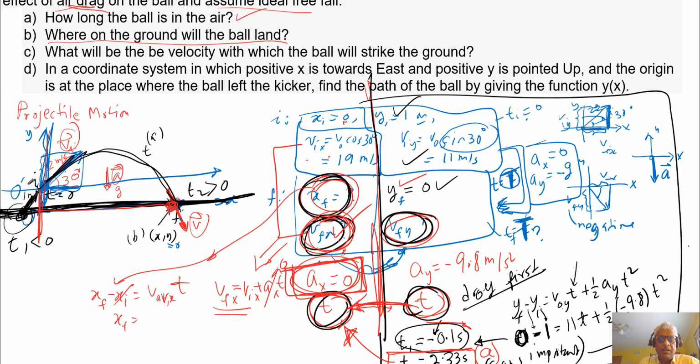Well, I can convert this into speed and direction information. So x and y, I draw this vector, and this is 19, and this is minus 11.9.